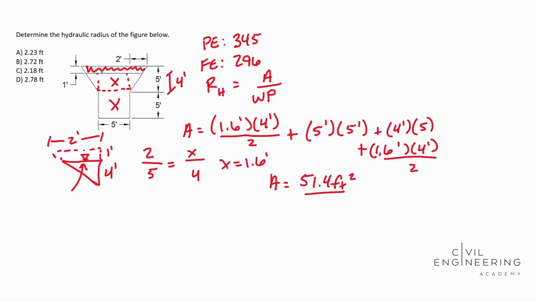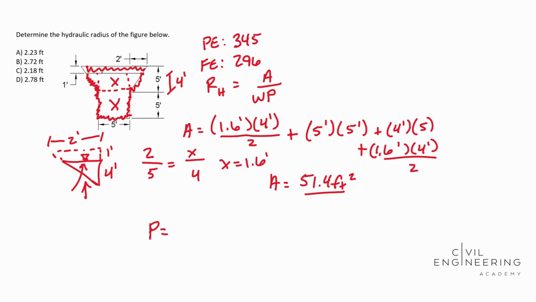Okay, so we've solved for half the equation now. Now we need to solve for the wetted perimeter. To do that, we are concerned with every piece of material that is touching that water in our open channel. And so that is just this part. That's all it is. So our P is equal to, well, we need to solve for this side. We need to solve for what this hypotenuse is.